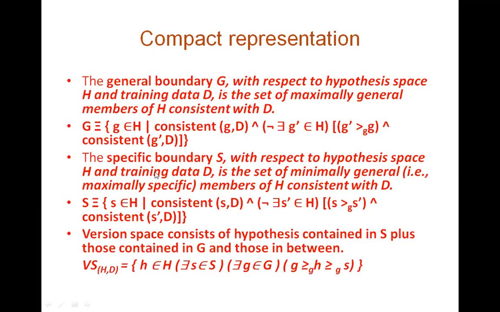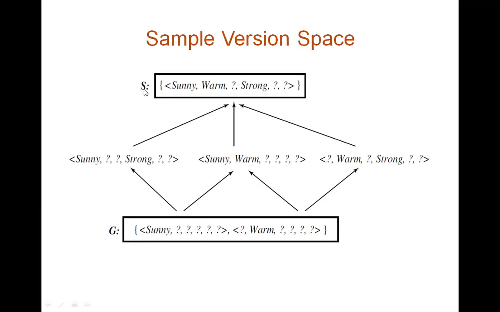And then the specific boundary, one more boundary. The specific boundary with respect to hypothesis space H and training data D is the set of minimally general or maximally specific members of H consistent with D. You can see here in the specific boundary, there is only one hypothesis.